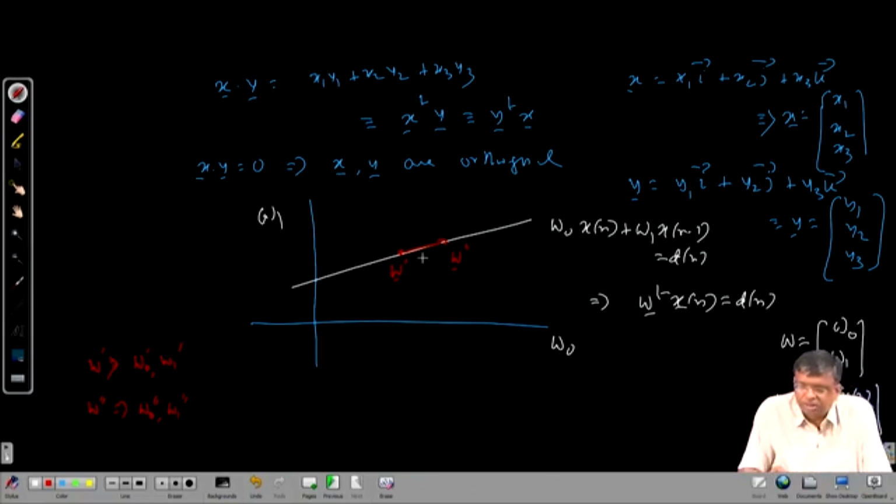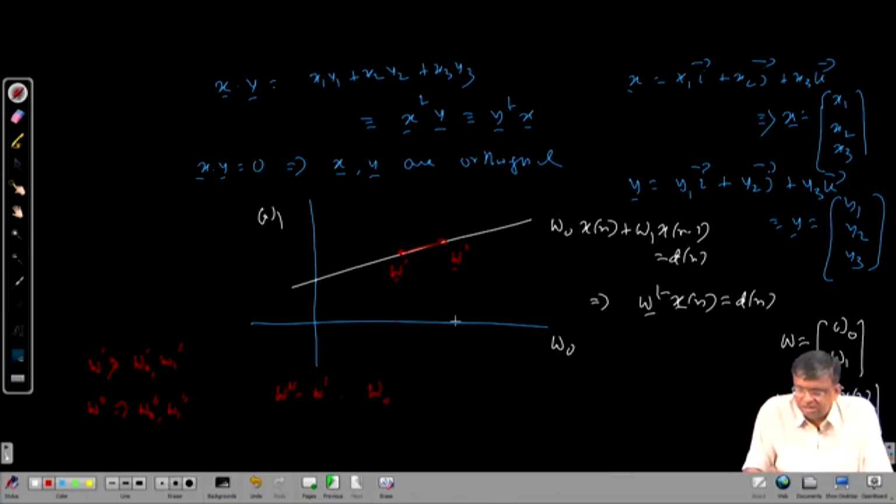Then this vector will be W double prime minus W prime. So, it will have coordinates, I mean this W.